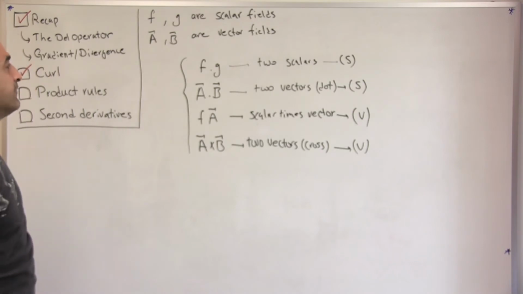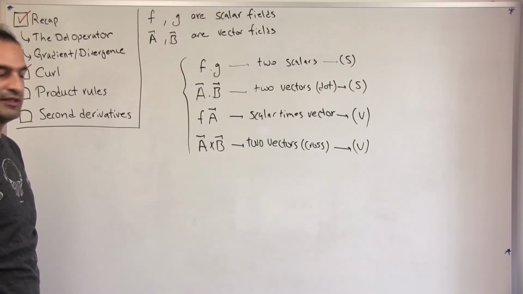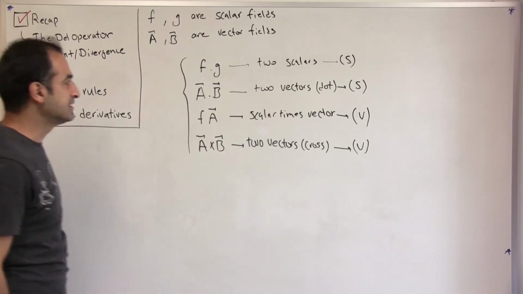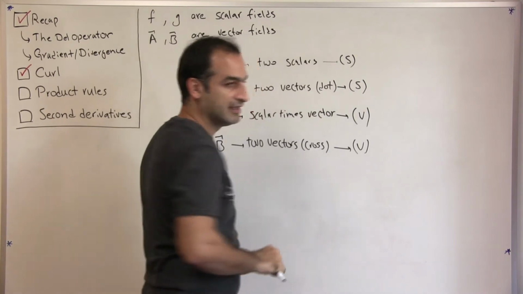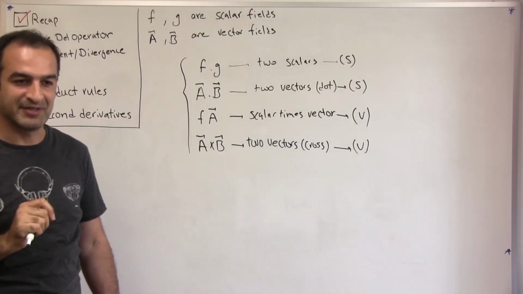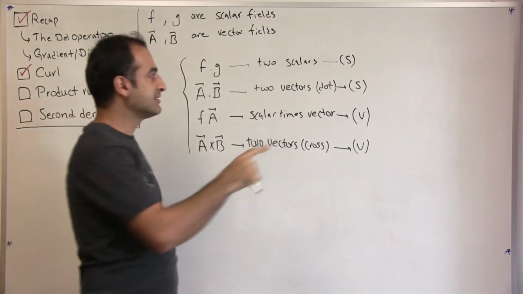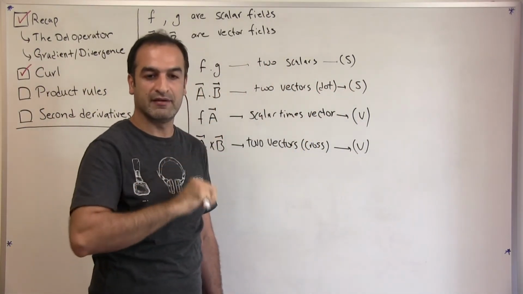So now if we want to apply gradient or divergence or curl on these, you can see that if we have this combination, because we are getting a scalar, the only option we have to apply is gradient. Gradient applies on a scalar field, but divergence and curl only apply on vector fields.